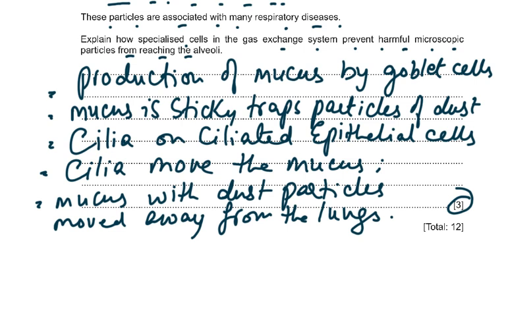So mucus is sticky and traps the particles of dust. Then there are cilia inside. We've got ciliated epithelium, and these cilia are going to move the mucus. They do a sort of movement by which they brush the mucus upwards, and the mucus is carried up to the throat where it is swallowed.